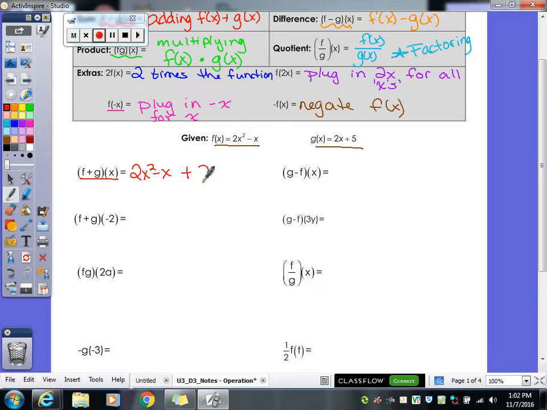We're going to add to it our g of x, so our 2x plus 5. So then we just need to combine our like terms. Negative x plus 2x gives us a positive 1x. So 2x squared plus 1x plus 5. That's our final answer.